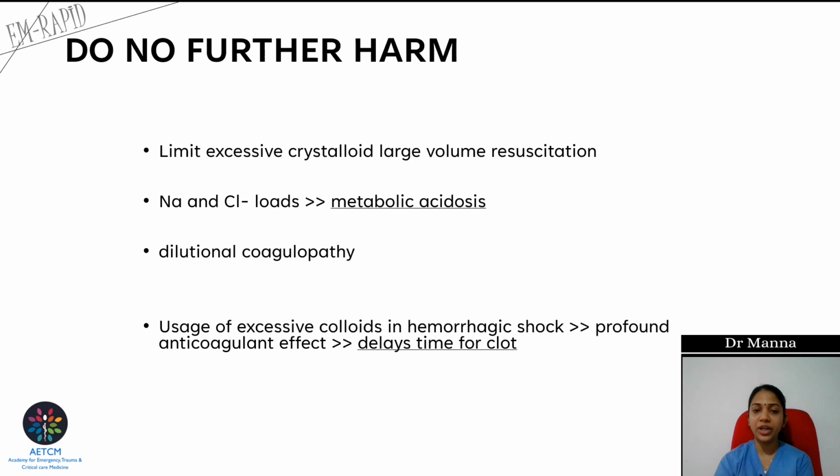So after 2 liters, if this patient requires further fluids, we will be giving only blood products, so we are not diluting much coagulation factors. Then we should avoid colloids also, because usage of colloids can cause a profound anticoagulant effect, and it can delay the time of clotting.